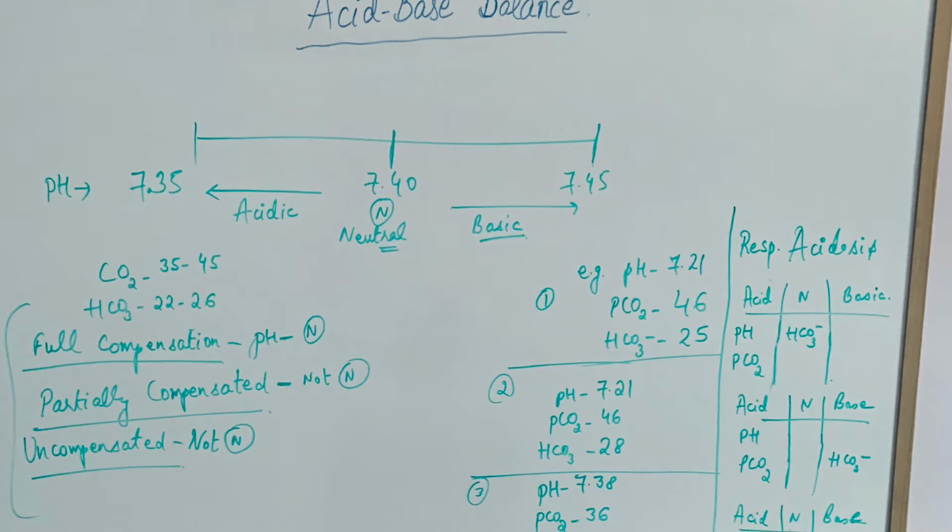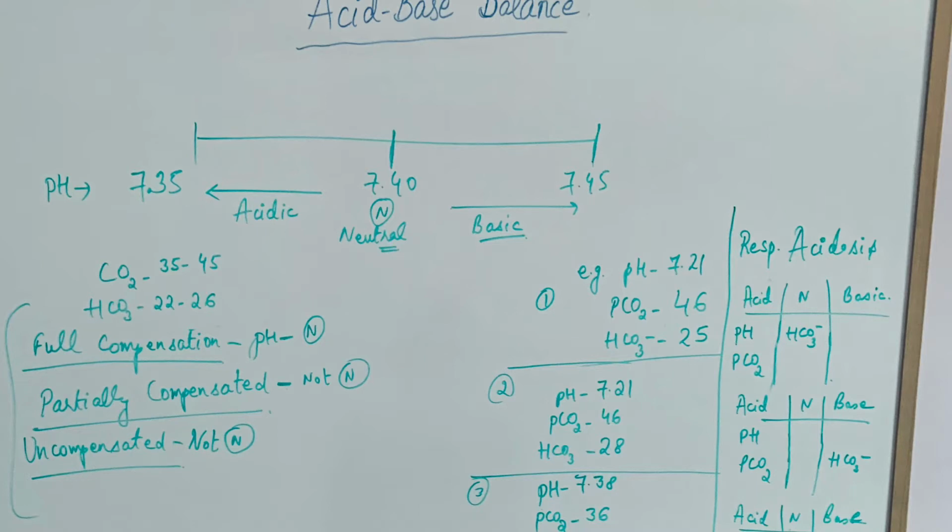As you can see, I have labeled the pH value 7.35 to 7.45. That's the normal pH value, and 7.40 is the absolute neutral value.